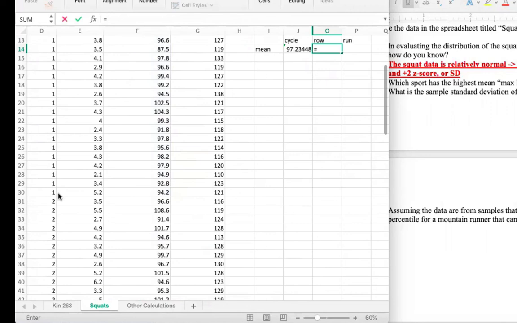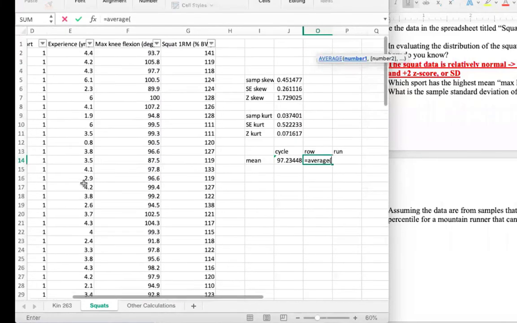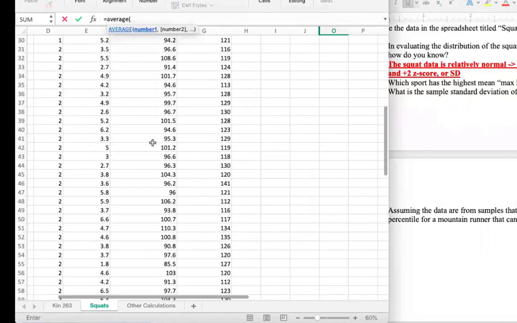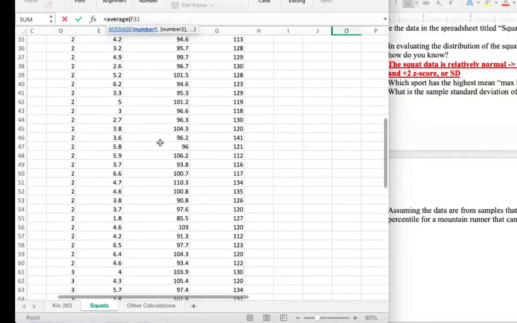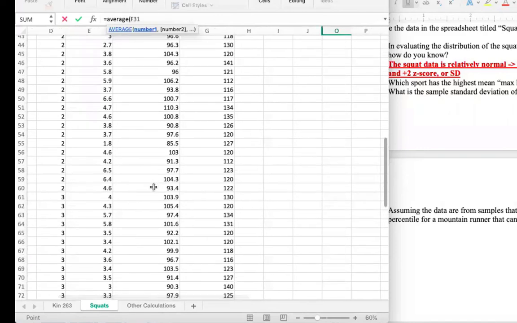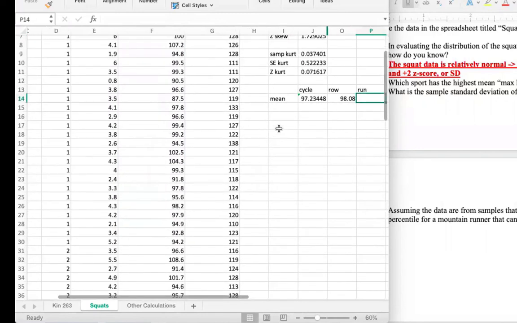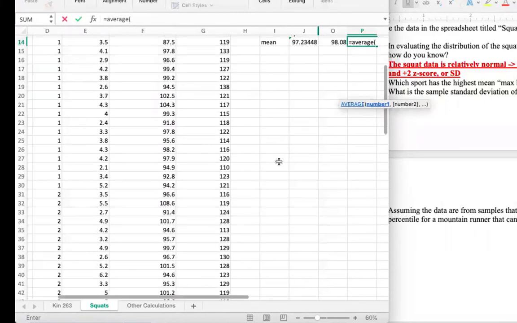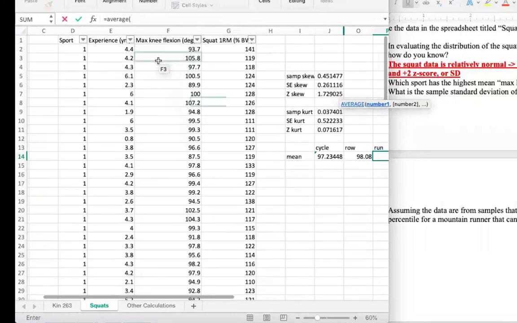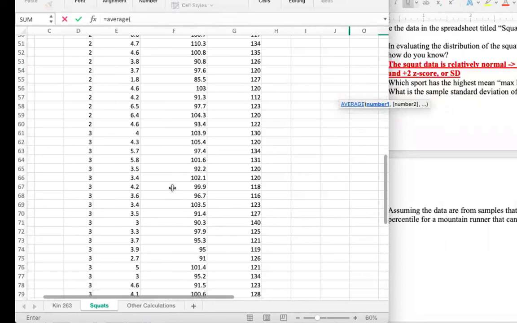Rowing, we would do a similar calculation, taking the average of knee flexion angles for anyone who has a value of 2. And for our runners, we would be looking at an average of knee flexion angle for anyone who has a label of 3.